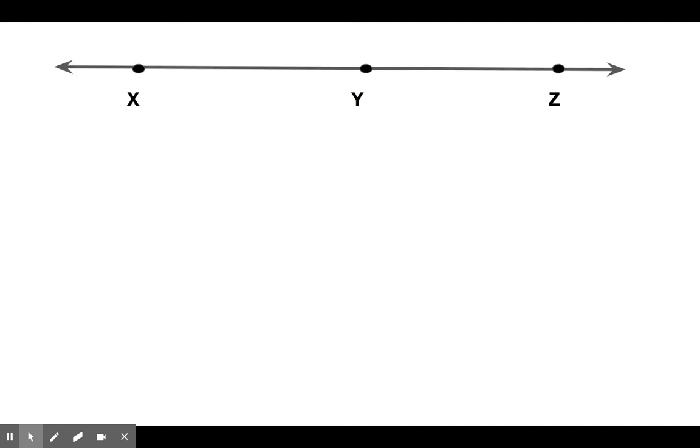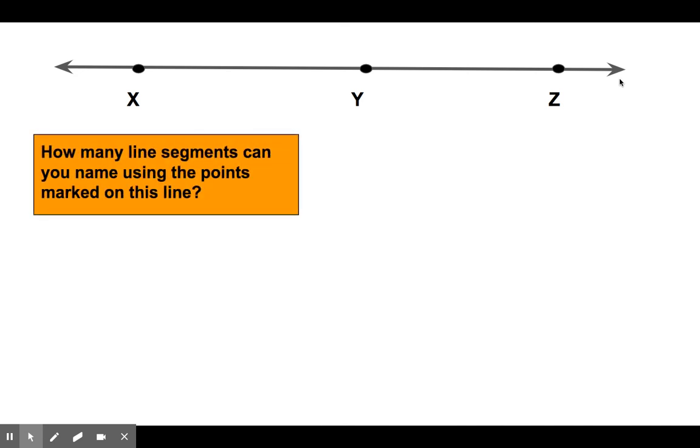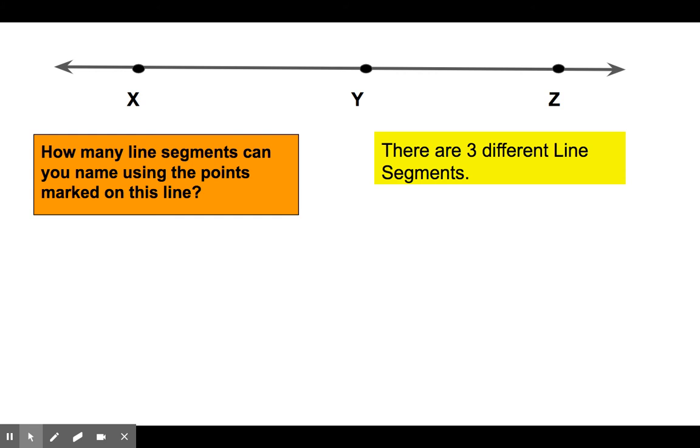So here we go. We have a line XYZ. It's got points X, Y, and Z on it. And we know it's a line because it's got two arrows going in each direction. Now, how many line segments can you name using the points marked on this line? Well, there are 3 line segments, and here they are. You have line segment XY, and it's a line segment because it has 2 endpoints, with a little mini line segment on top.